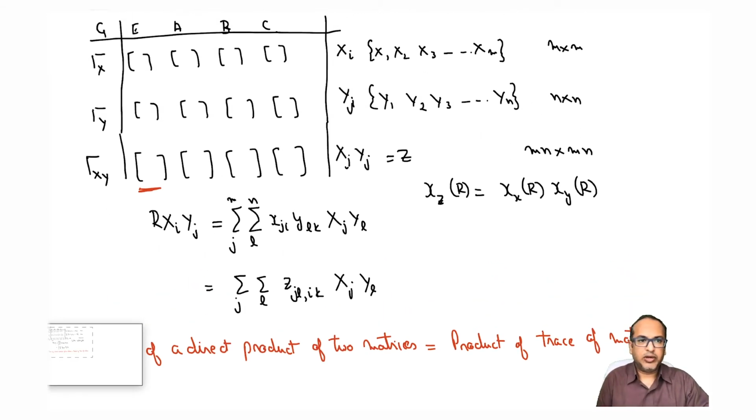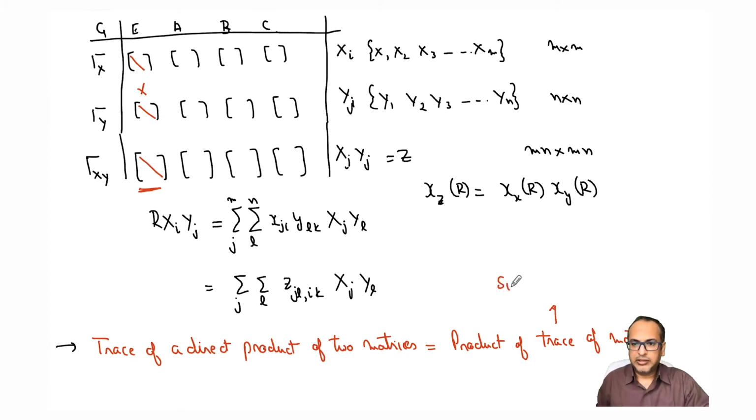Now what we are saying here is that if we take a trace and multiply these two, we will get a trace of this, right? Trace is basically the sum of the diagonal elements.